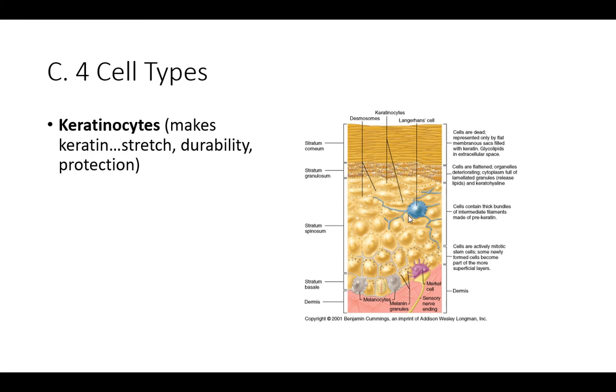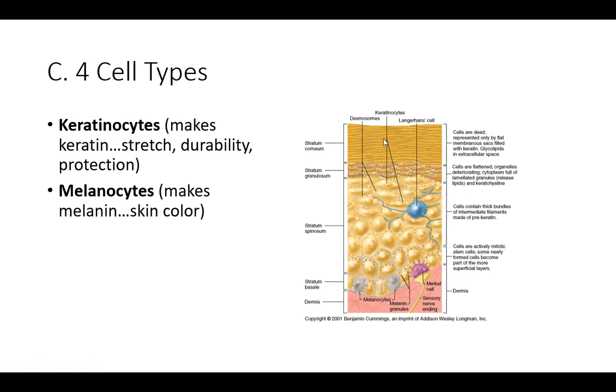Keratin is also found in our hair and nails, and so that gives you an indication of the strength of the protein, and maybe helps you to see the stretch, durability, and protection aspect of a keratinocyte. So even though the keratinocytes are different shapes, everything that you see here that is a golden color is a keratinocyte. They start big and blobby, and then as they work their way up and eventually off of our body, they get squished down and compacted, but they're all keratinocytes.